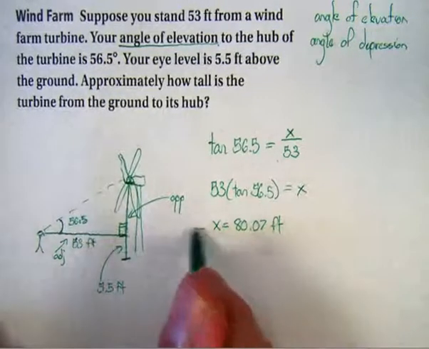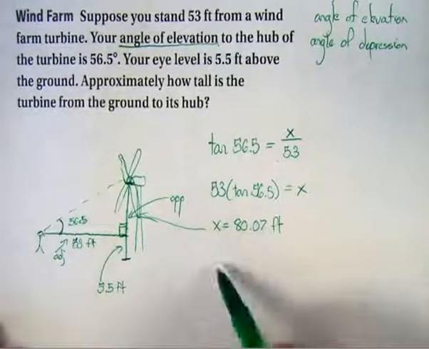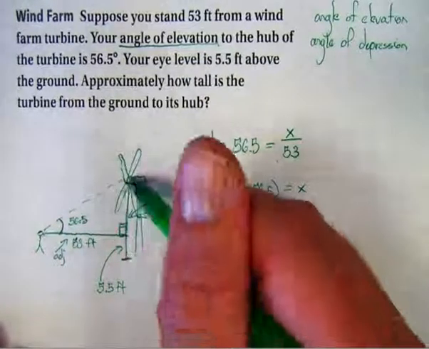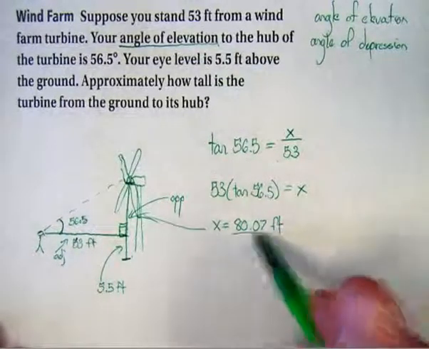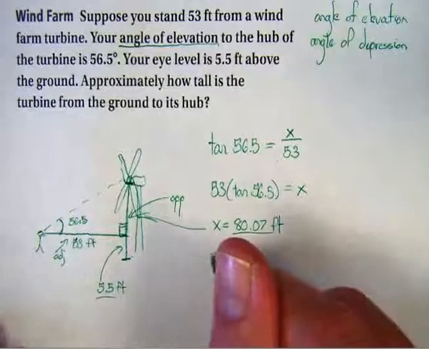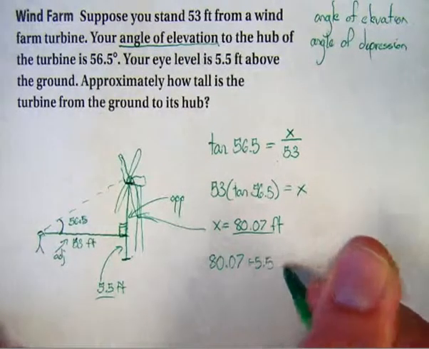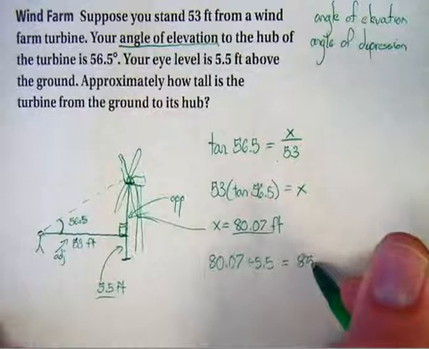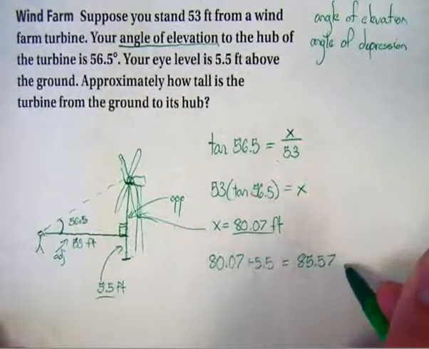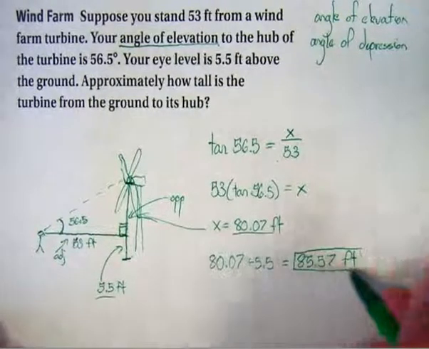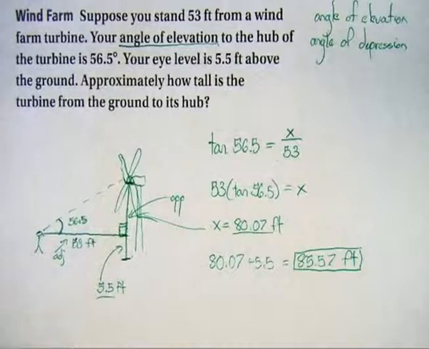And this distance here is 80.07 feet. So to find the total distance, I have to take this and add it to that. So 80.07 plus 5.5 is going to equal 85.57 feet. And so that would be the approximate height above the ground.